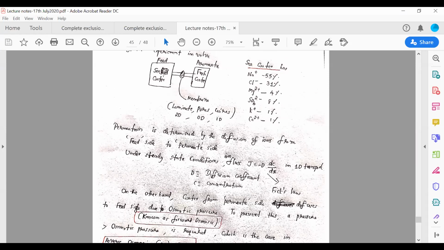So for example, if you design a membrane such that it is smaller than the hydrated size of the ions, then you can block most of the ions, and only water molecules will be transported.